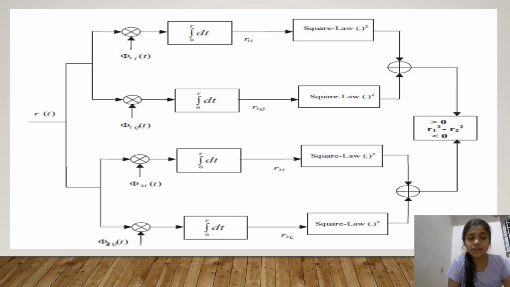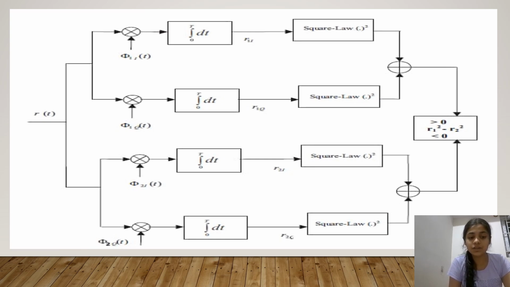If the received signal is of the form cos(2π f1 t + φ), the received signal will partially correlate with the cos(2π f1 t) reference signal and partially correlate with the sin(2π f1 t) reference signal.